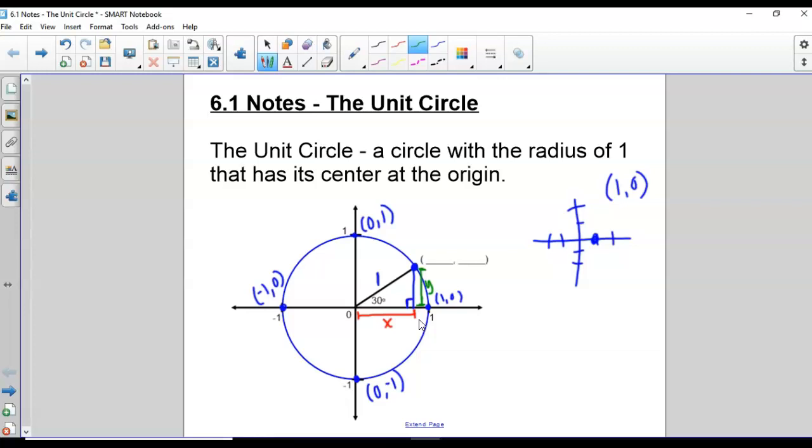We would divide by 2. With that 30, 60, 90, if you know the short leg, then the hypotenuse is twice the short leg. The long leg is that times the square root of 3. So if you have the hypotenuse, you have to divide by 2 to get back to the short leg. So that y right there would be 1/2. So the y-coordinate is 1/2.